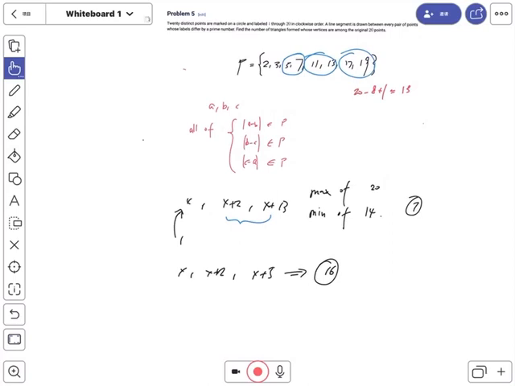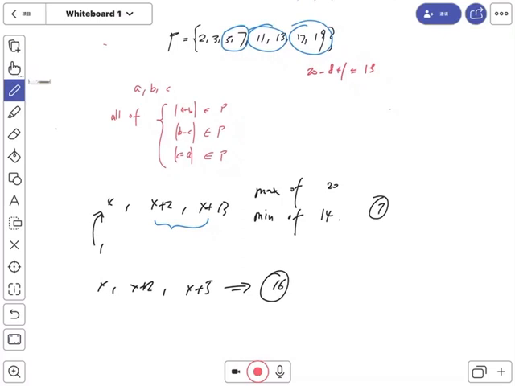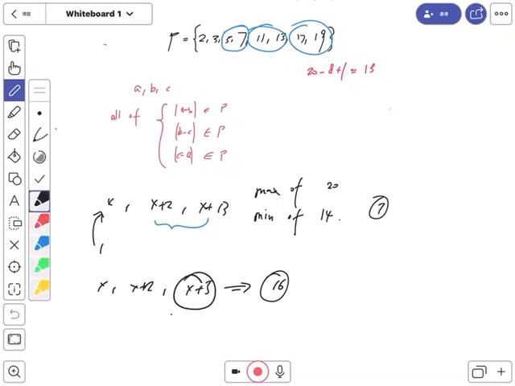For example, for this case we can also have the third number in front, like x minus 3, and then this can also technically work.